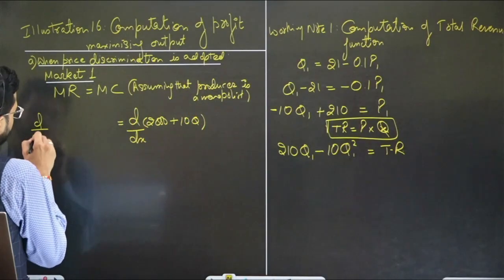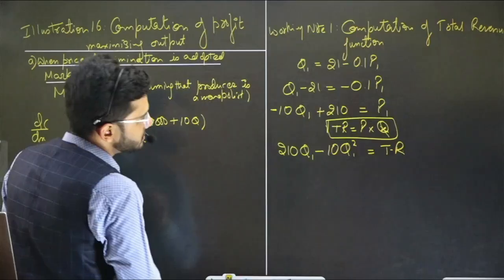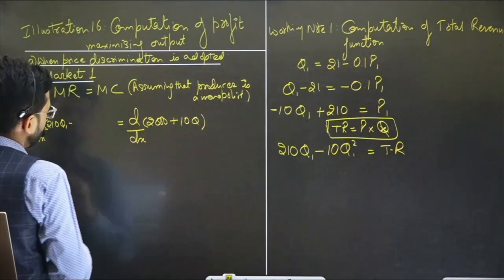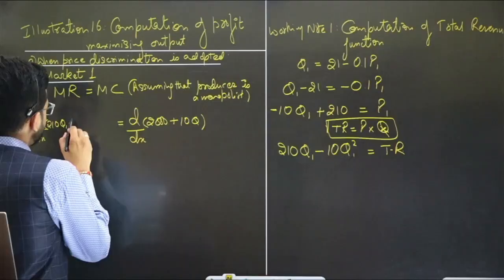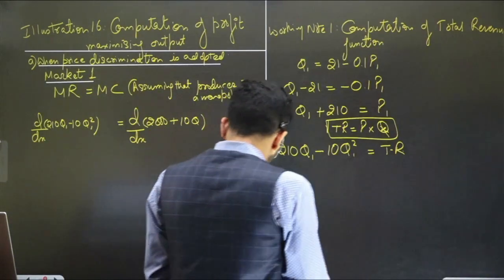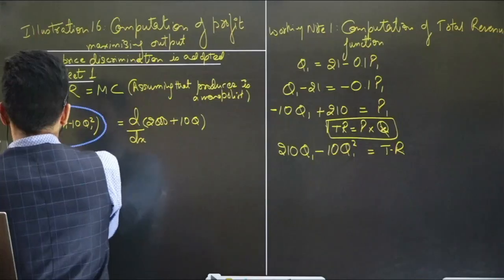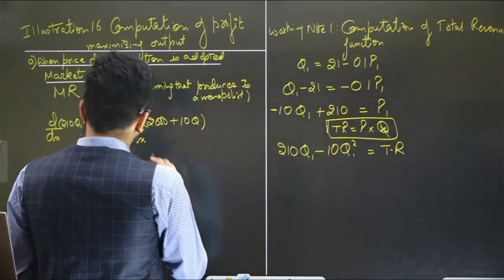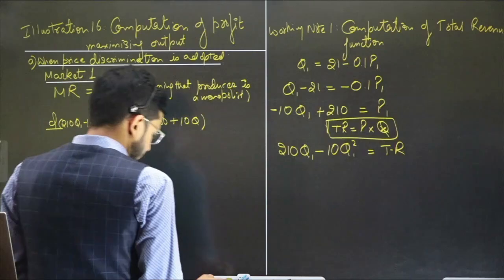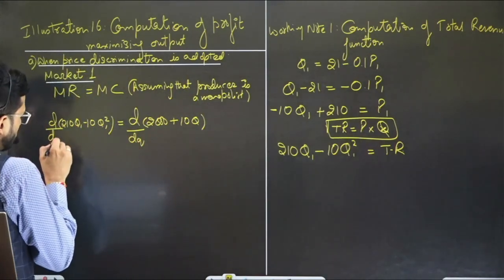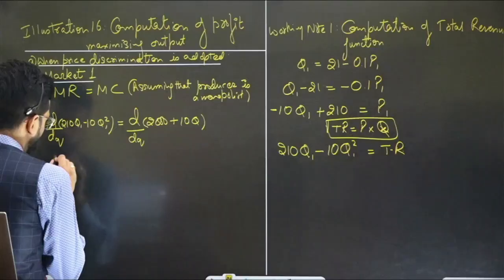Okay, now we are going to differentiate it with respect to Q, actually not X but Q. 210 Q1 minus 10 Q1 square. What will be the differentiation?